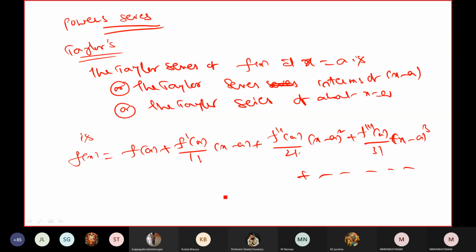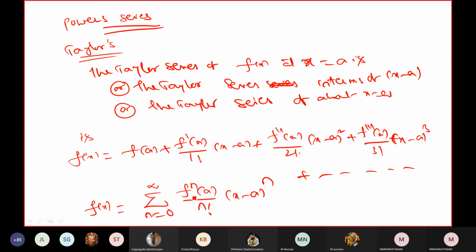Which is nothing but the sum of n equal to 0 to infinity of f power n of a by n factorial into x minus a whole power n. So that is the series expansion of f of x.